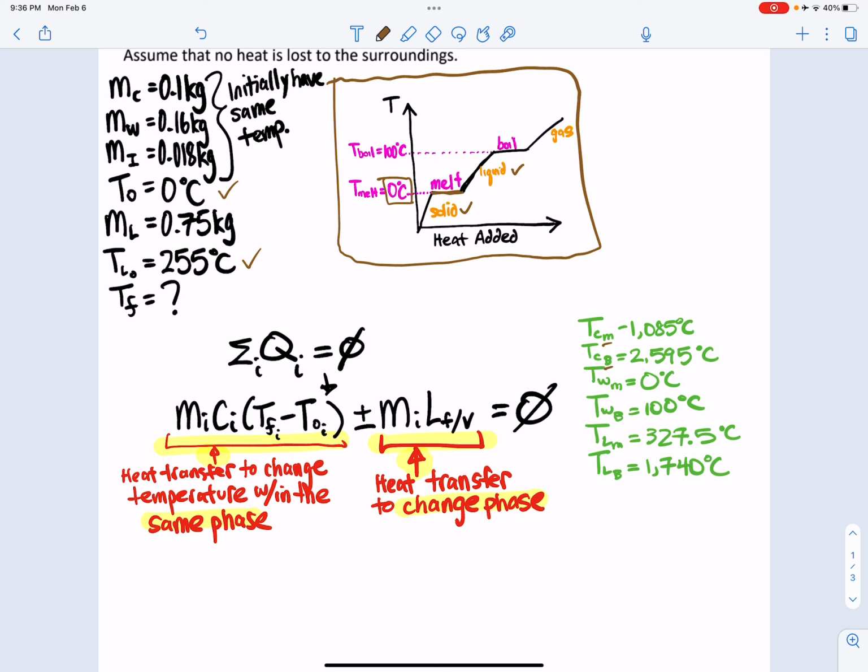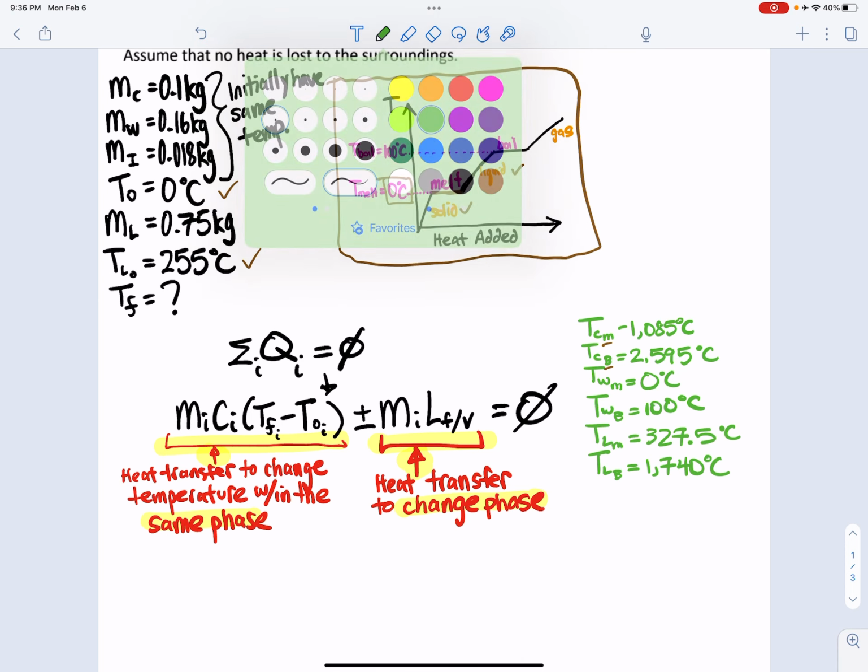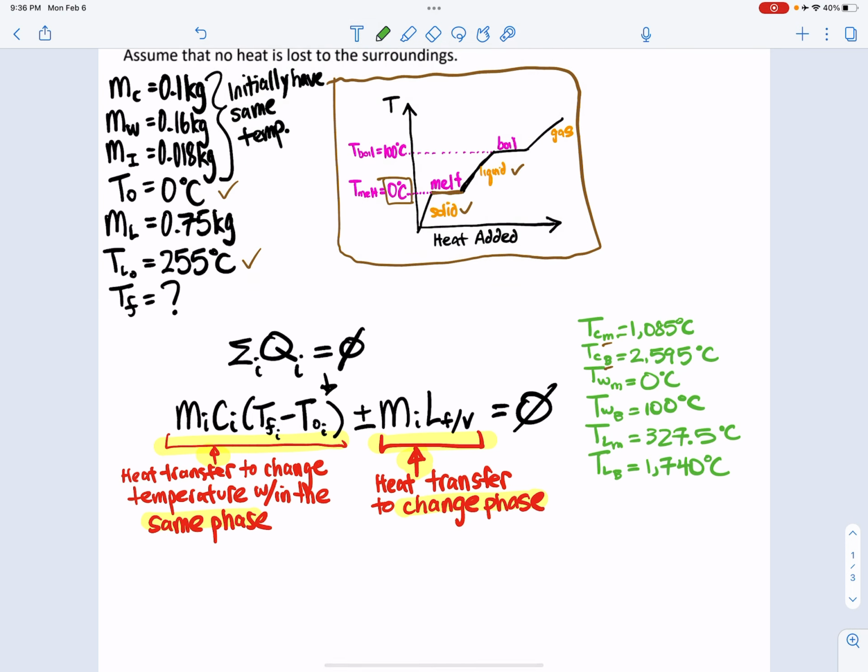So for copper, the melting point is 1,805 degrees Celsius, and the boiling point is 2,595 degrees Celsius, well above 0 degrees or 255. So I know copper will not change phase.